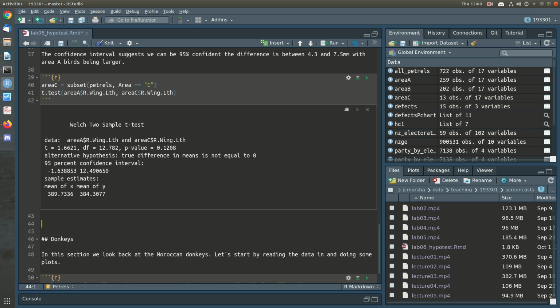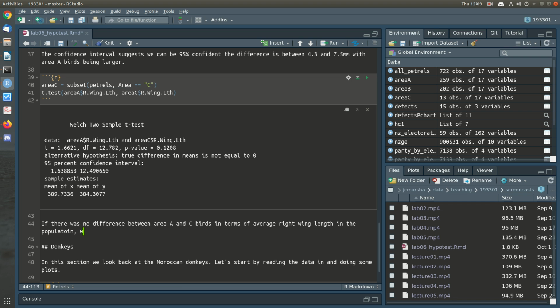Okay, so our p-value here is larger, right? It's 0.12. So if there was no difference between area A and C birds in terms of average right wing length in the population, we'd expect to see a difference like in our data about 12% of the time, just due to random sampling.